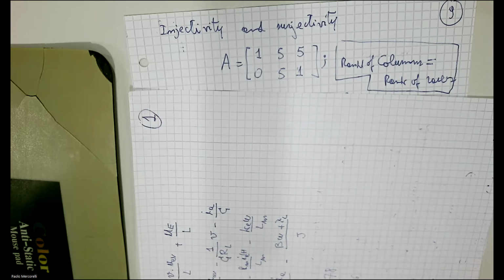The question is about the transformation related to this matrix, because you remember we have a map or a transformation which can be represented using a matrix. Please tell me if this is an injective transformation, a surjective transformation, or both.